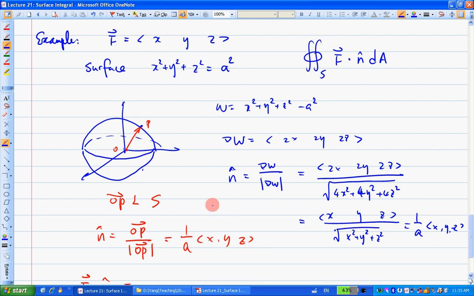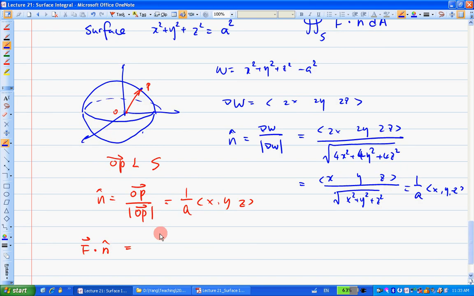When you carry out the dot product, it becomes x squared plus y squared plus z squared, then divided by a. And x squared plus y squared plus z squared equals a squared, so this whole thing equals a. That's pretty convenient. This vector field's dot product with the unit vector gives me a scalar value a.